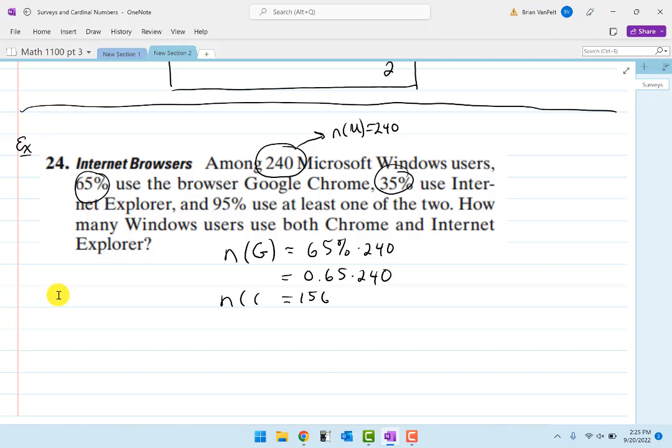So the size of G is 156. Now the size of I, which I'll use for Internet Explorer, is 35% times 240, or you could simply subtract 156 from the 240 to get this number. It looks to me like we're going to have 84.